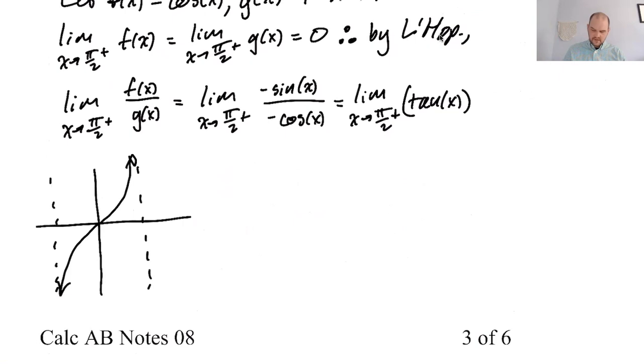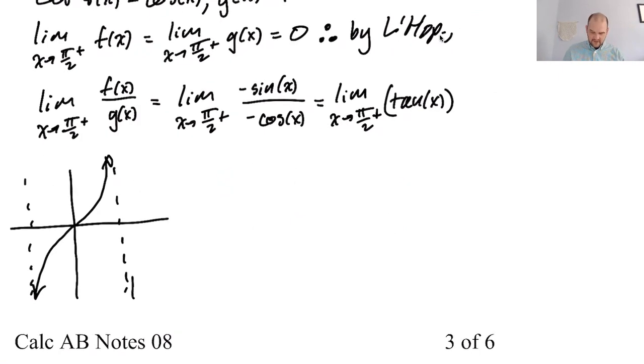So we need to know if we're approaching from the left or the right to know if we're going to get infinity or negative infinity. So that makes some sense.